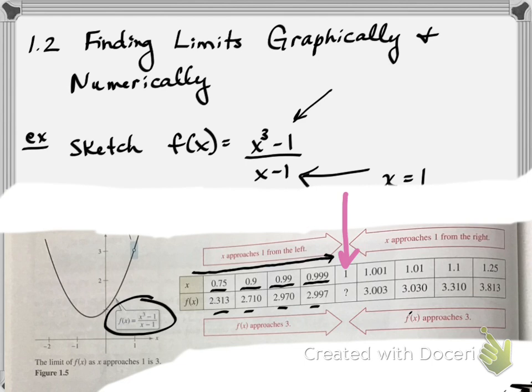And then on the right side of positive 1, we're going to start out here far away from positive 1. And as we move this way, then we're going to get closer and closer to positive 1.